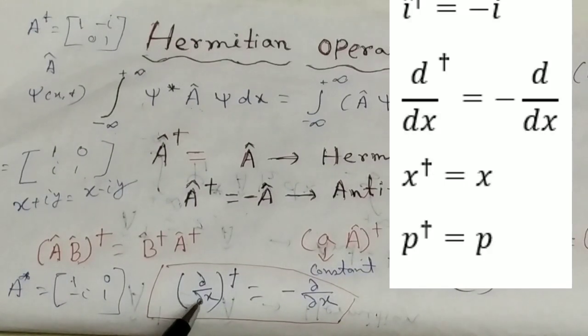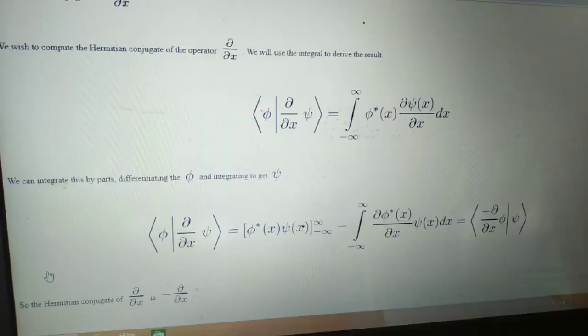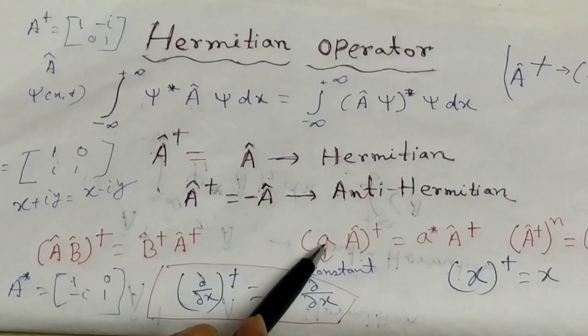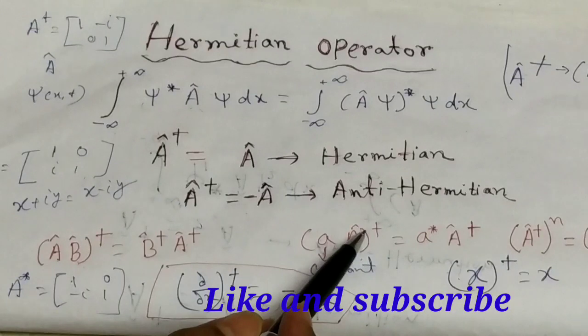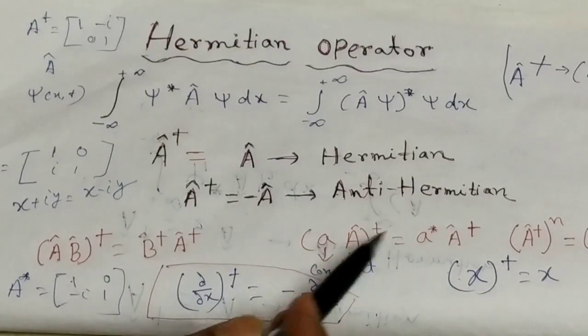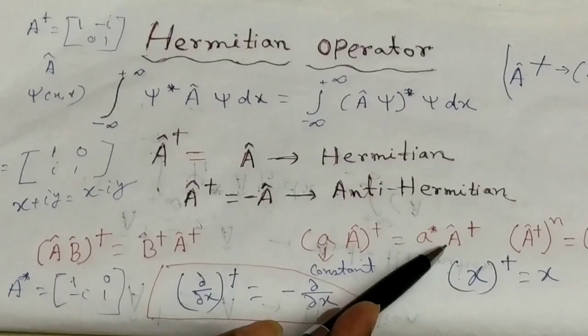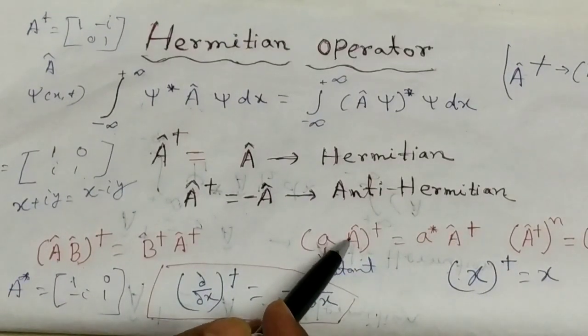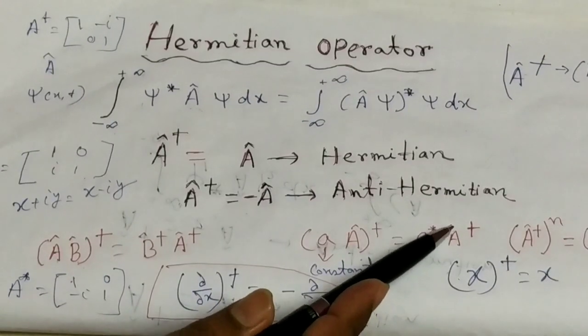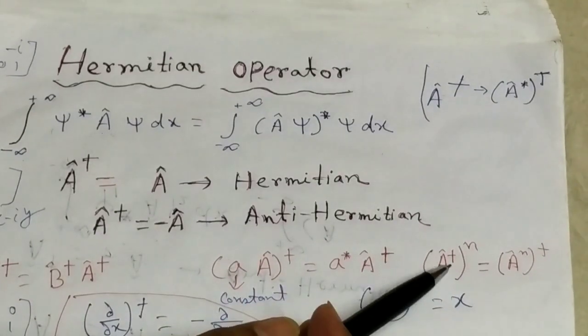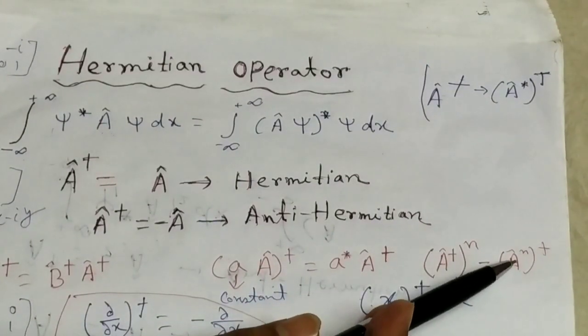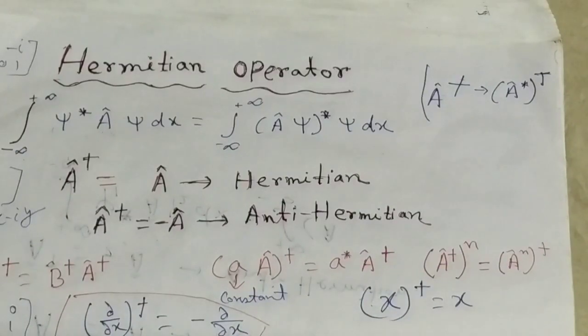And also we remember (d/dx) dagger equals minus d/dx. The third property is, if a is a constant and A is an operator and we take the dagger, then for the constant term we get the conjugate, so (aA) dagger equals a conjugate times A dagger. Also x dagger equals x, and (A dagger) to the power n equals (A to the power n) dagger. You should remember these properties for mathematical problems.